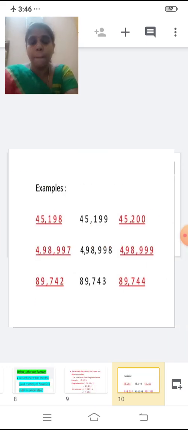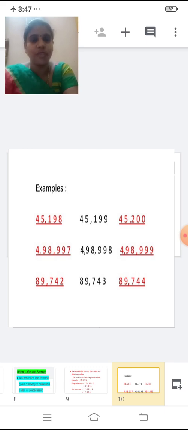So we are going to find out the predecessor and successor of the given number 45,199. Now tell me, what is the predecessor of the number 45,199? What is predecessor? Subtract 1 from the number 45,199. 45,199 minus 1, what answer will you get? 45,198.